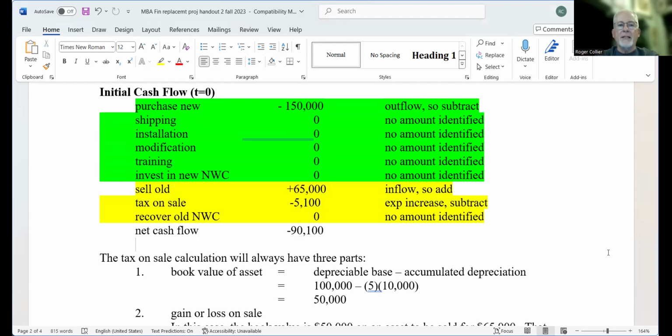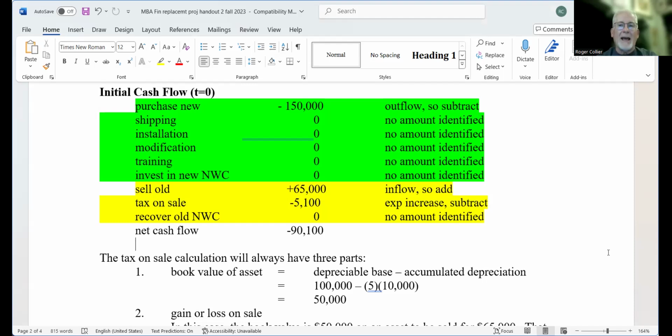Right? Okay, so they expect to buy the new machine for 150,000, and we know that that includes the installation. But there's no mention of anything else, including net working capital. No mention of that. Right? So we just have to take those all as zero. So the cost of buying the new machine to get it all ready is 150,000.